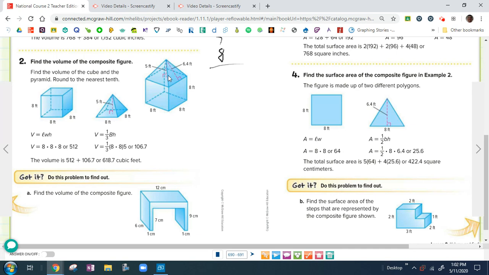Now, careful, because you're not going to include the top of the cube here because it's covered up by this square pyramid. So we don't count that one. So we find the area of one of those faces around the cube, and then we get 64, and then look, it's multiplied by 5 because there are 5 identical surfaces.